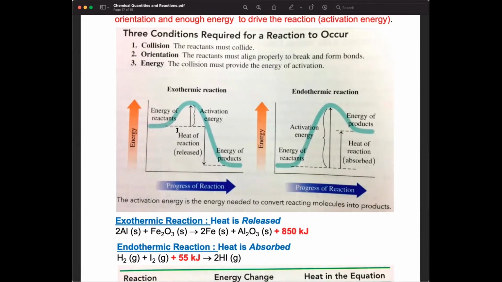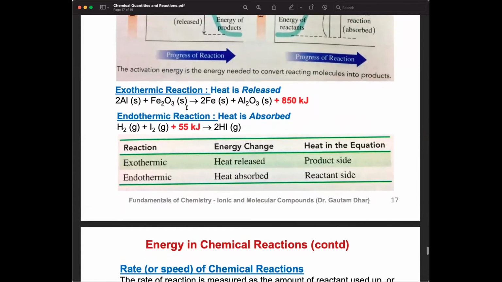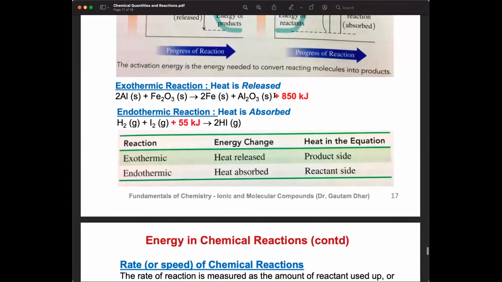So heat is released, and this type of reaction is called an exothermic reaction. When there's an exothermic reaction, you write the heat as a product, because heat is produced.